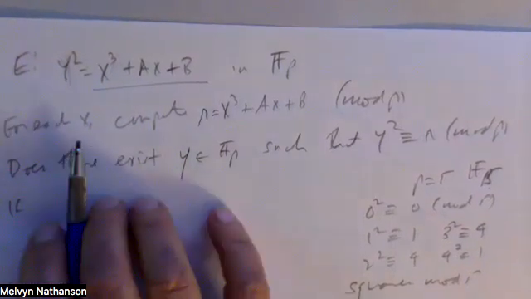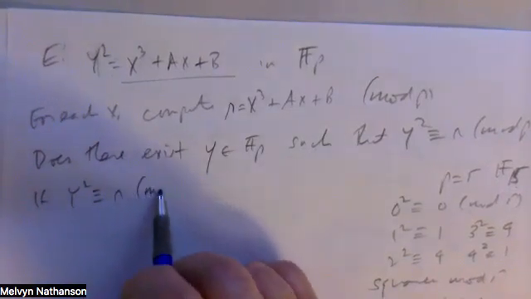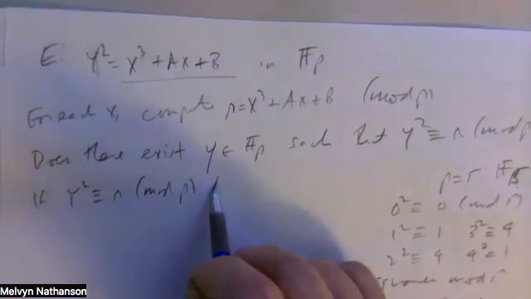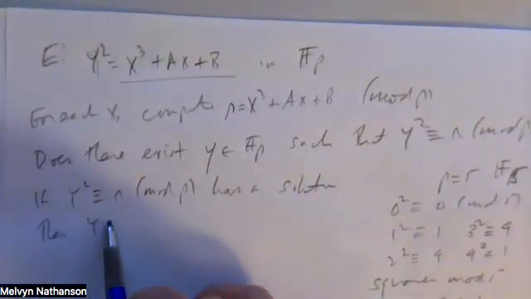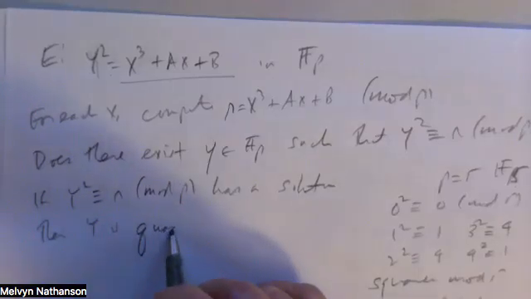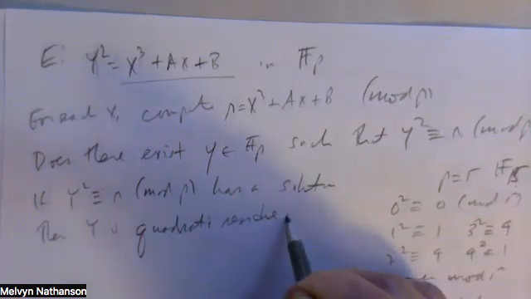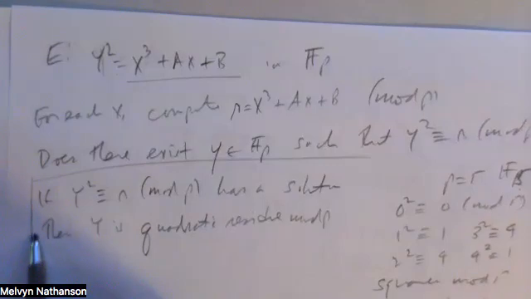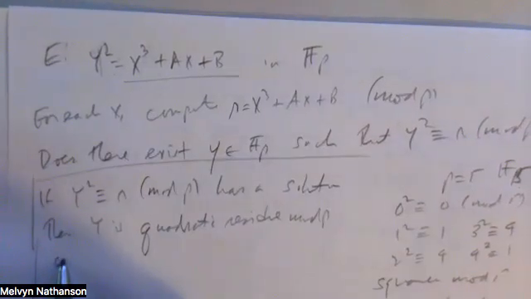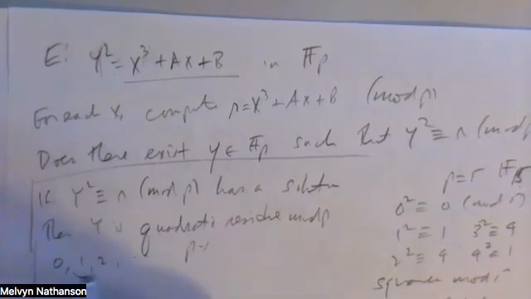Just for historical purposes, if y squared congruent to r mod p has a solution, then r is called a quadratic residue mod p. If you look at the numbers mod p, you have 0, 1, 2, up to p minus 1.